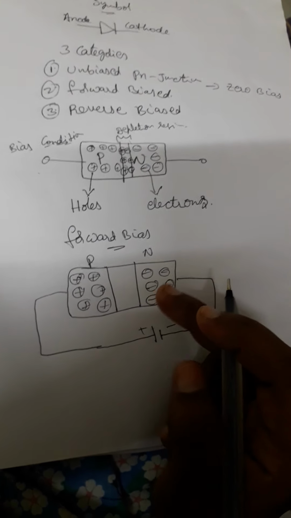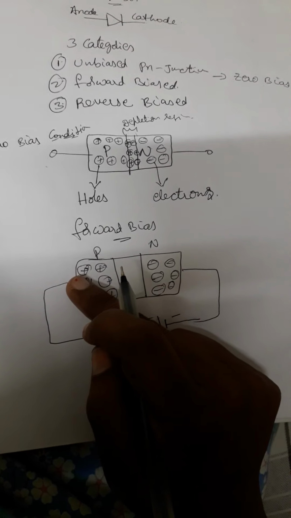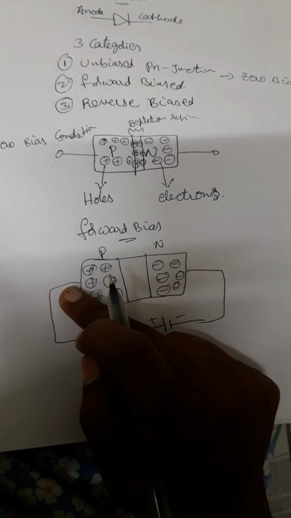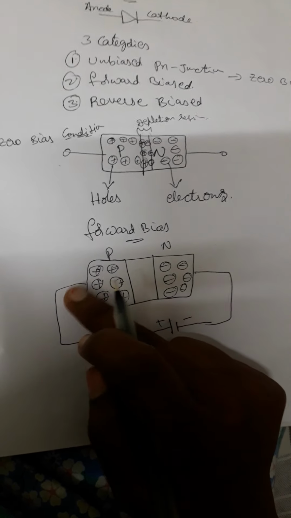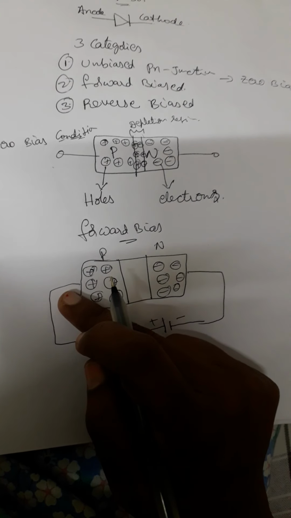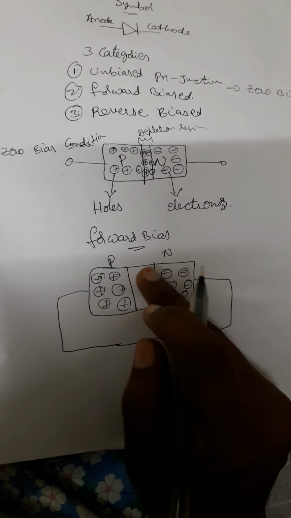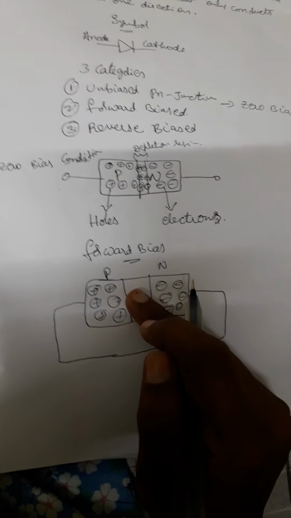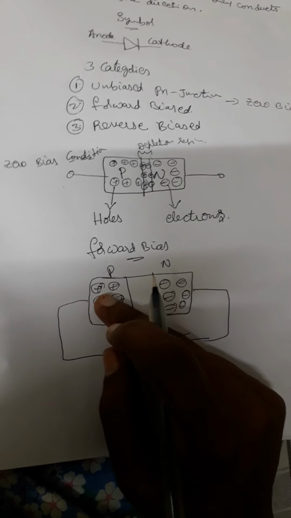Electrons from the N region cross the junction and enter the P region due to the attractive force that is generated in the P region. The electrons are attracted and move towards the positive terminal. Simultaneously, the holes are attracted to the negative terminal of the battery. By the movement of electrons and holes, current flows.